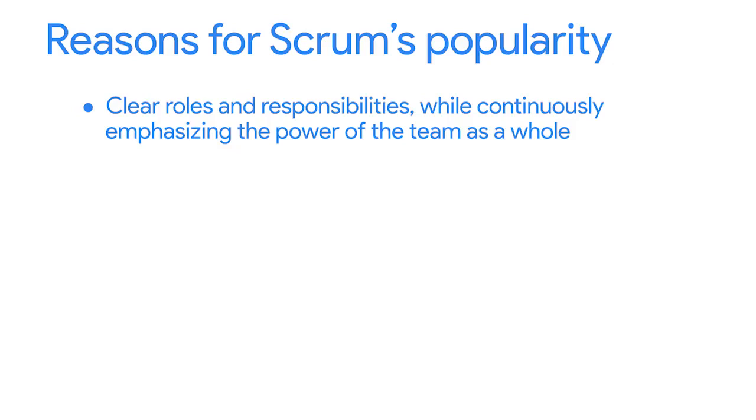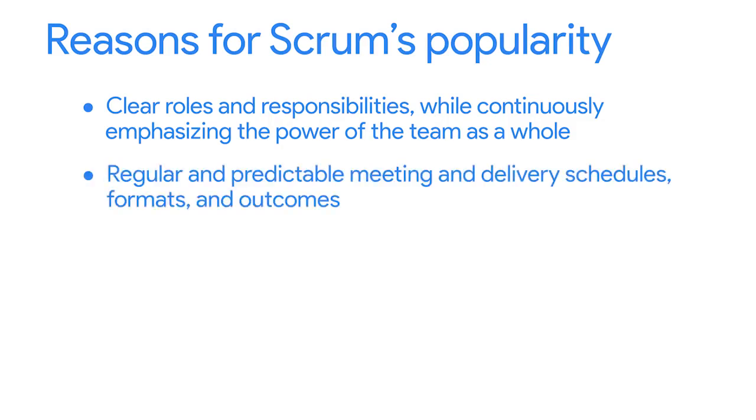Scrum is popular for many reasons. First, it has clear roles and responsibilities for the folks on the team, while continuously emphasizing the power of the team as a whole. Scrum has a very regular and predictable meeting and delivery schedule, with predefined agendas and outcomes for the meetings, making it easy to teach new team members.